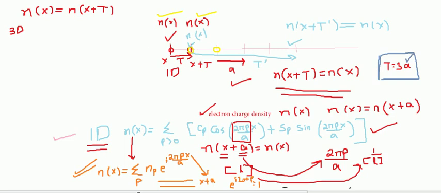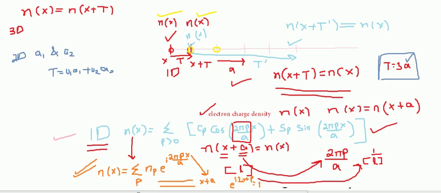In 2D you will have two lattice vectors, one will be a1 and another lattice vector will be a2. So any translation in 2D can be given as a combination of any integer u1 with a vector a1, and any integer u2 with a vector a2.